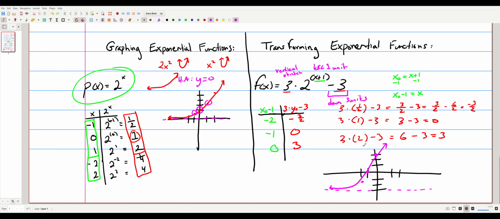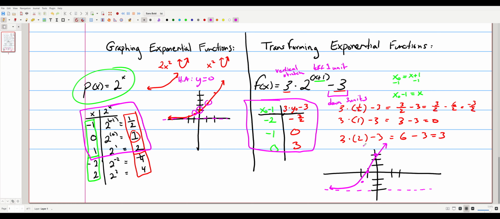But personally, I like to use the table and the parent table so that I don't really have to think about all of that too much. I can just plug in points and see how x and y have changed. And since really all you need to keep in mind is the original picture, how does the original function look? And since we're just moving and stretching it, it's pretty simple to draw a sketch of it.